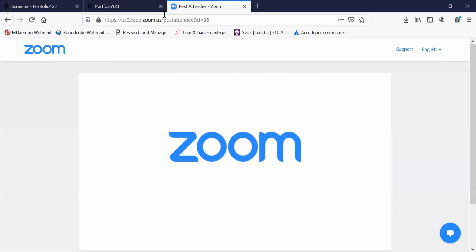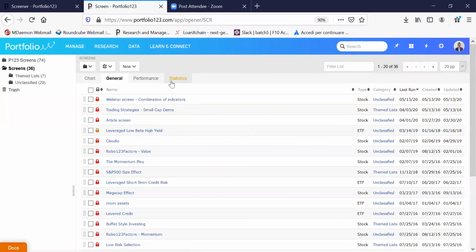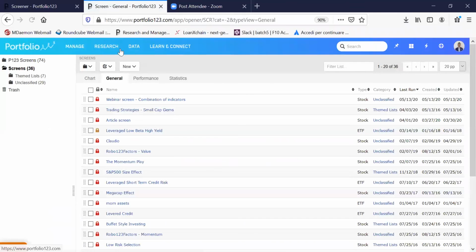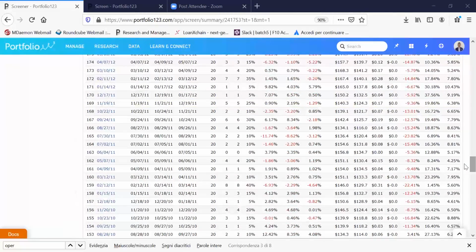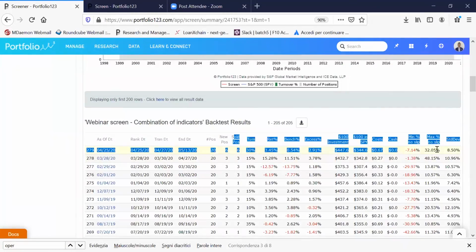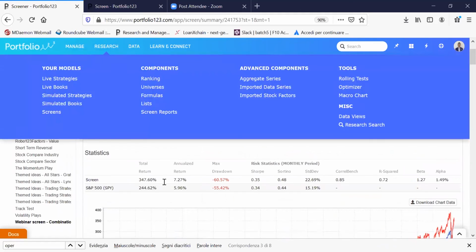Anything else? The percentage of profitable trades. Yes, it's possible. I don't think it's possible on the screener.